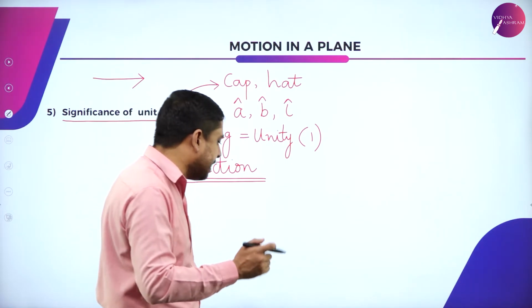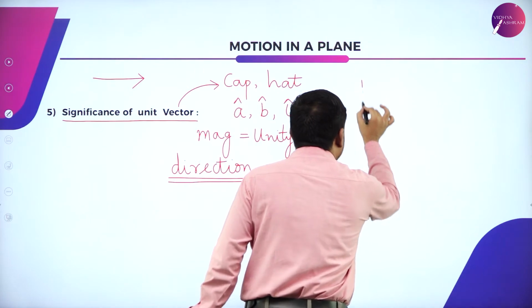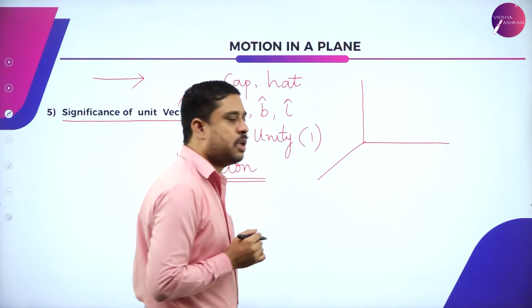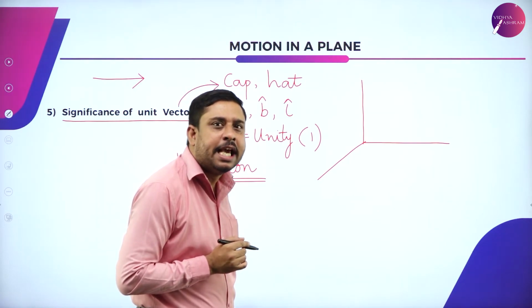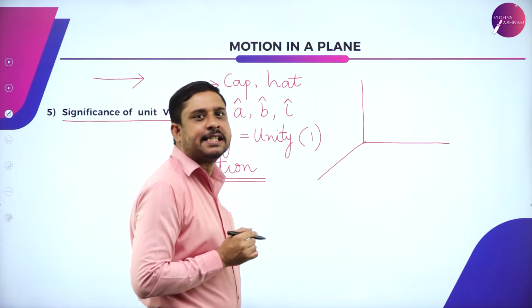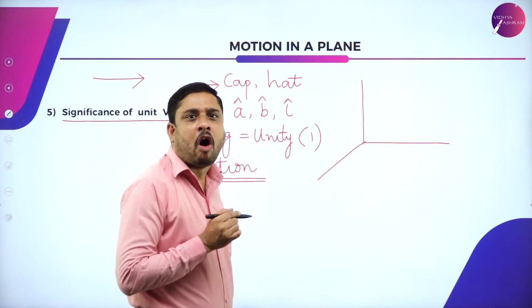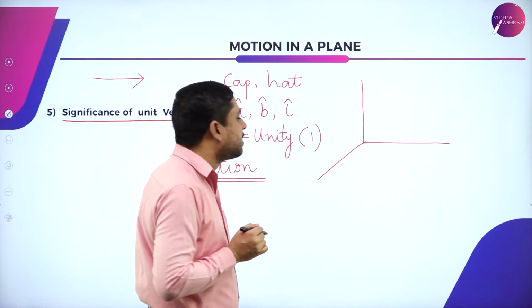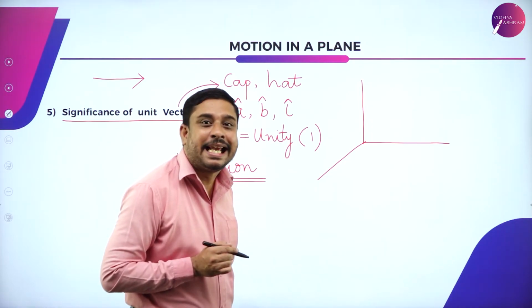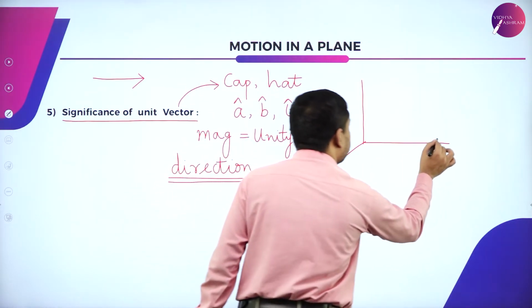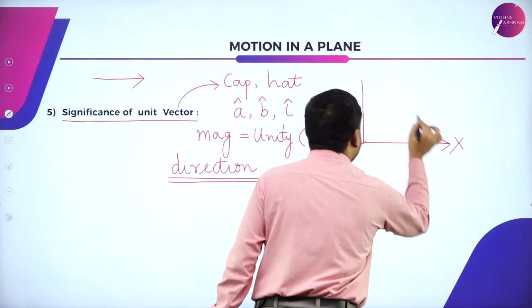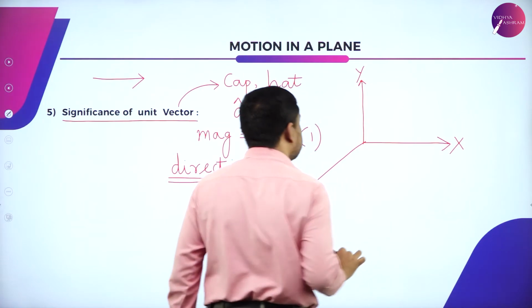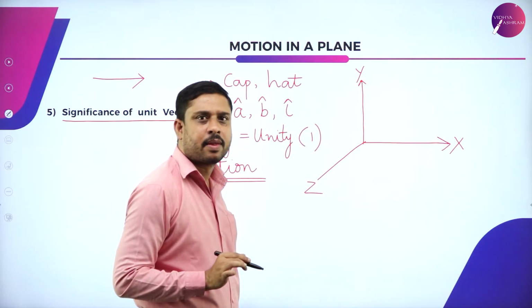Suppose I consider a Cartesian coordinate system. It is a system with three axes: X-axis, Y-axis, Z-axis.